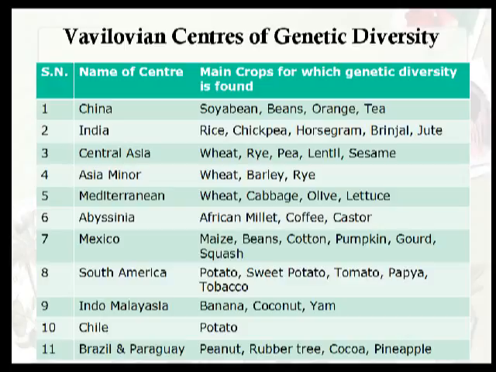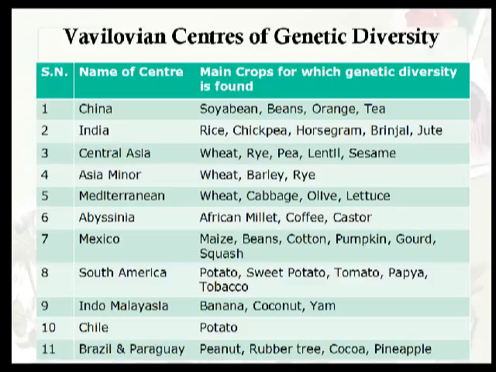But in case they were domesticated elsewhere, then the place where they were having most diversity was known as primary center, and the place where they were domesticated, that is other than their primary center, was known as secondary center.